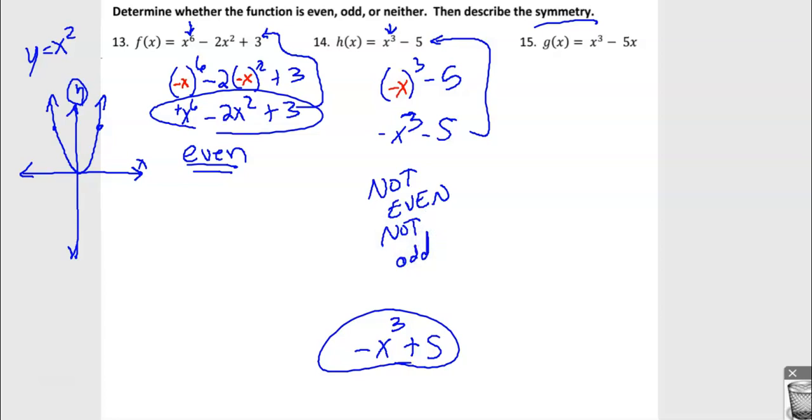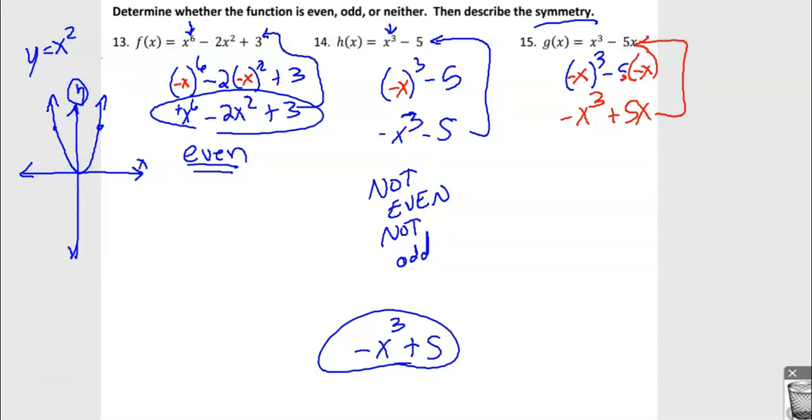Then notice my next example here. If I plug in a negative x, you're always plugging in a negative x. So this is going to be negative x cubed, and this is going to be plus 5x. Notice this is not the same, but it's opposites.